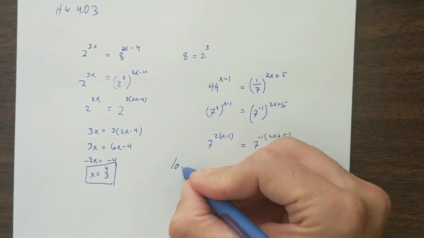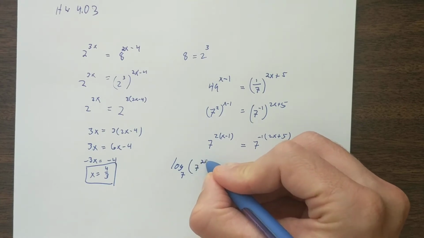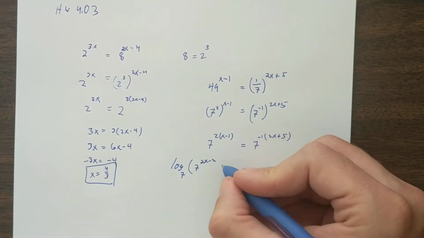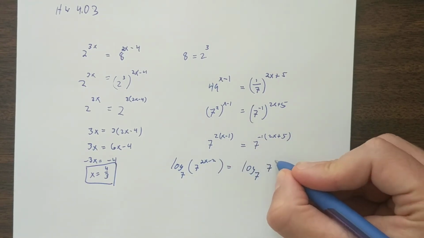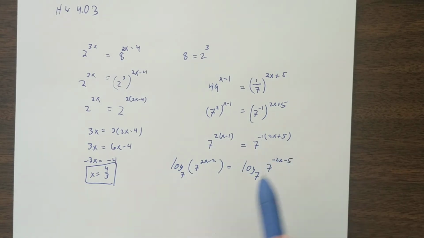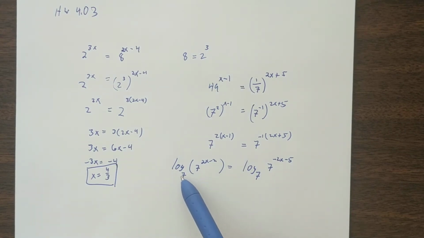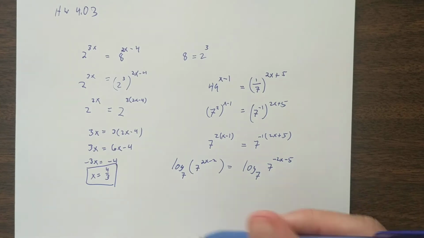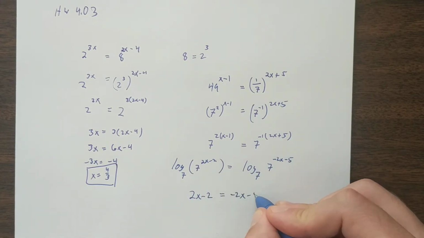And really what we're doing is we're taking log base 7 of 7 to the power of 2x minus 2, I just distributed that, equals log base 7 of 7 to the power of negative 2x minus 5. Again, I just distributed the negative 1. Log base 7 of 7 is, the question is, 7 to what power is 7 to the power of this? Well, these are two different operations, and they are opposite, and so they cancel each other out, and so you get 2x minus 2 equals negative 2x minus 5.